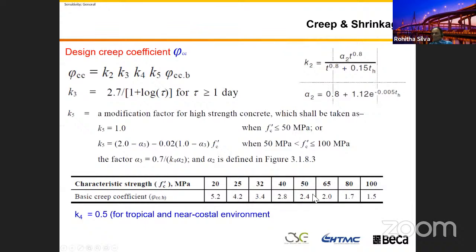But for modern concrete, 50 MPa, 65 MPa, 80 MPa, the basic creep factor is quite a bit less, because the rest of the values are multiplications that impact it. But the baseline you start with, you can see 5.2 against 1.5. That's what I said.